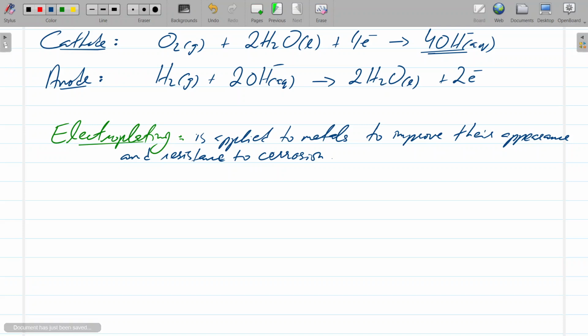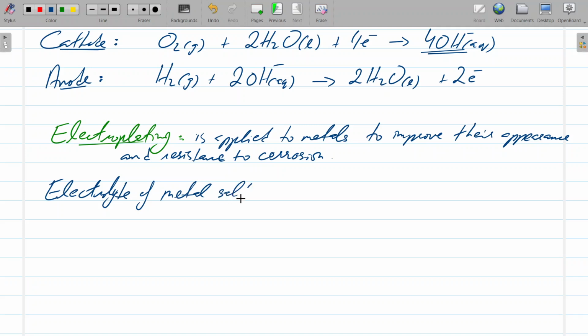it is carried out where the electrolyte is a solution of the metal salt that you want to coat the object with. So the setup has an electrolyte of a metal salt that you want the coating of.